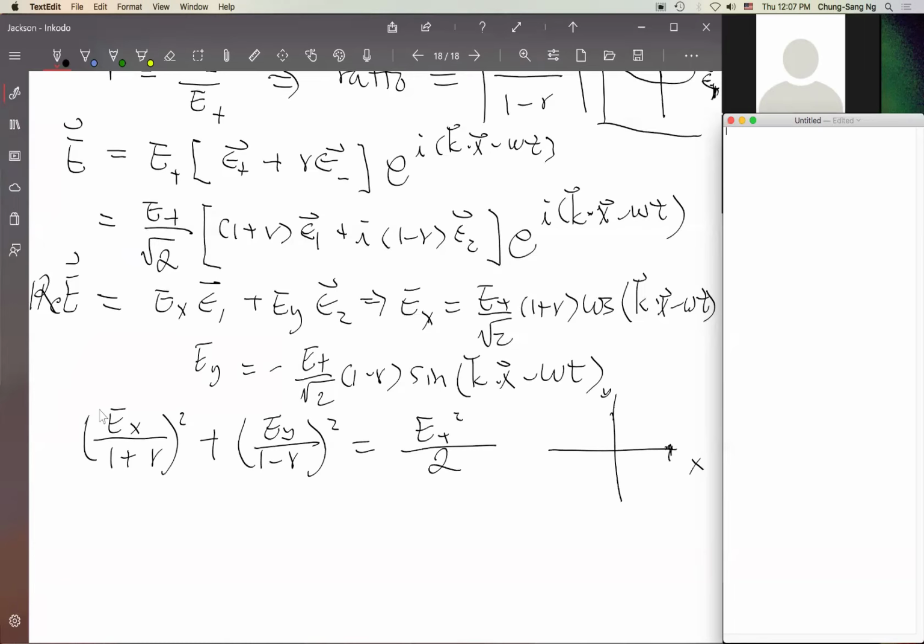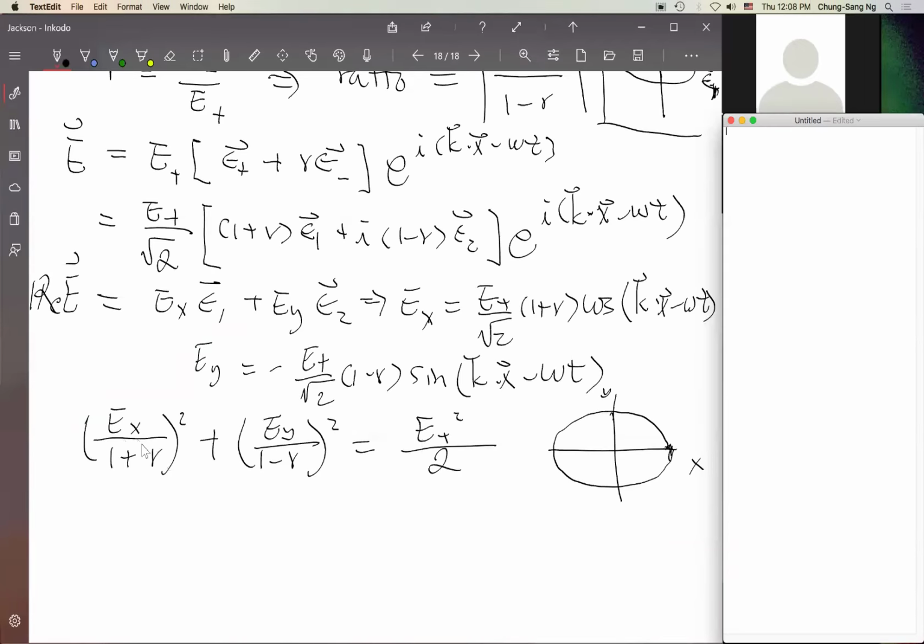It traces an ellipse where the major axis and minor axis are just this divided by this, 1 plus R. Okay, so basically you're saying that the major axis, this location, is when Ey is 0.